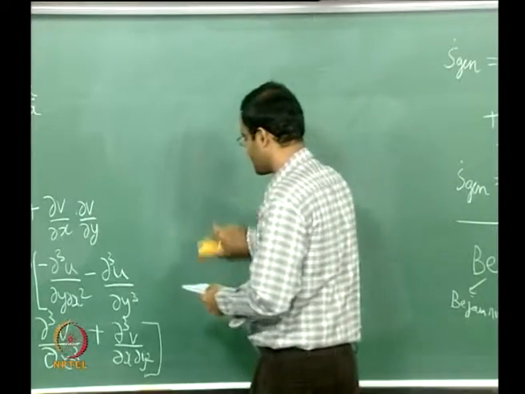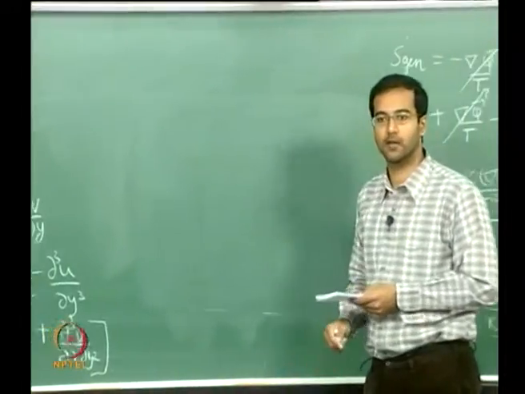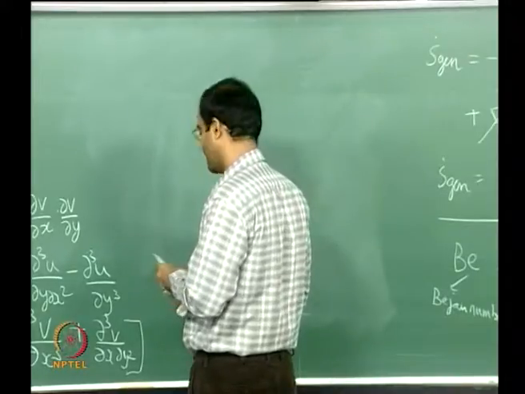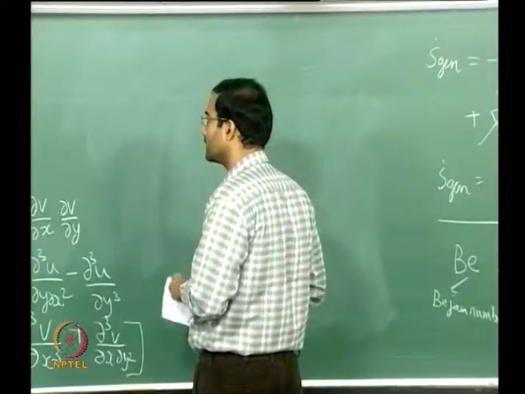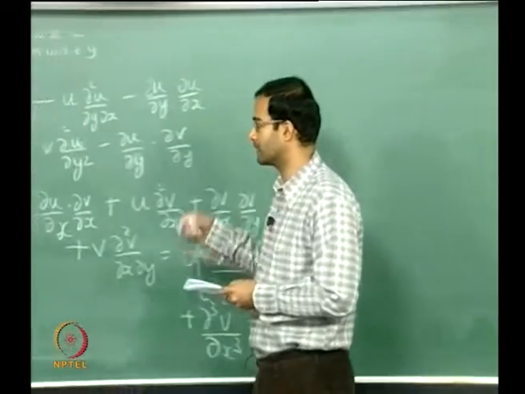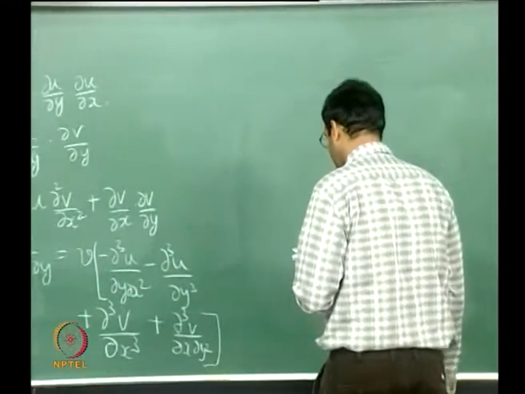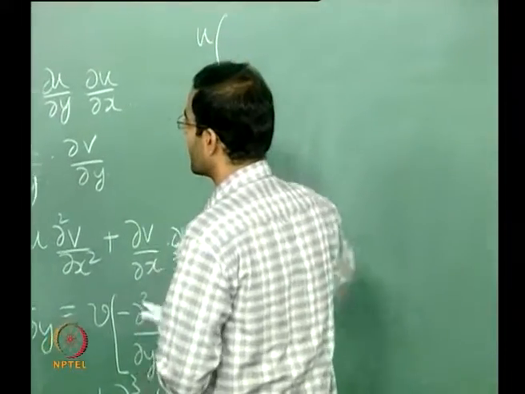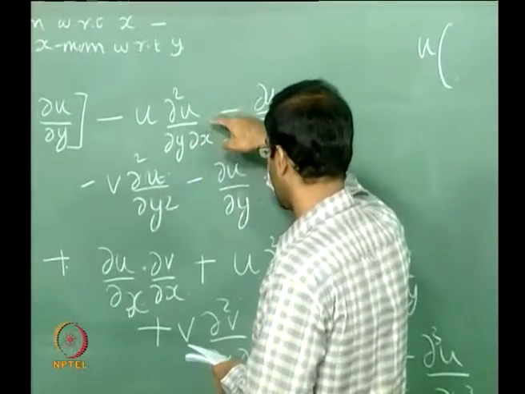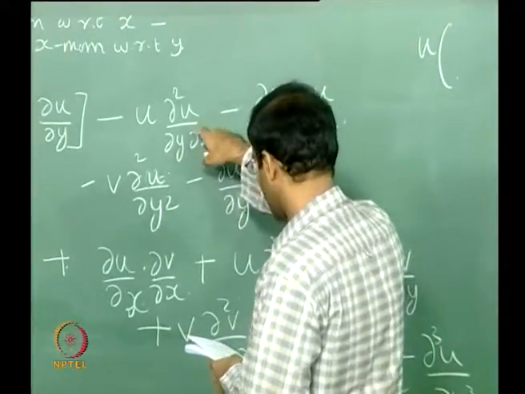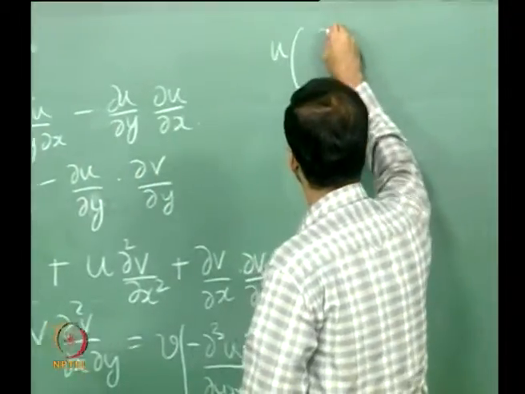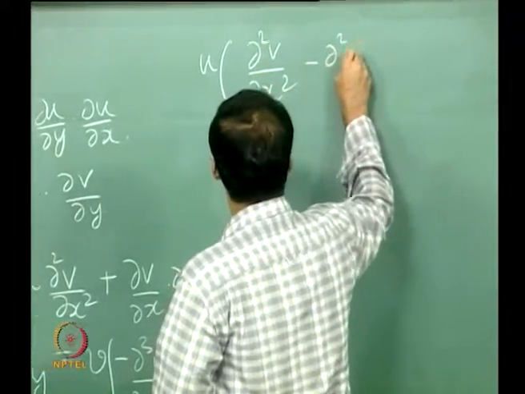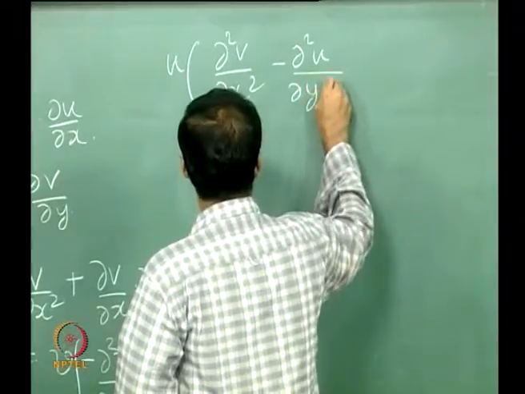So I am now going to group these terms together in some particular fashion, and we will see that that grouping will help in reducing. We can actually define a new function which can be substituted for those grouped terms. So I am just going to group like this. You take common, and what are all the terms common to u? You have this term, you have this term, so I can write d square v by dx square minus d square u by dy dx.